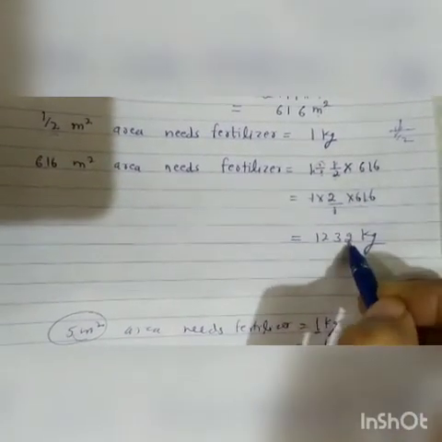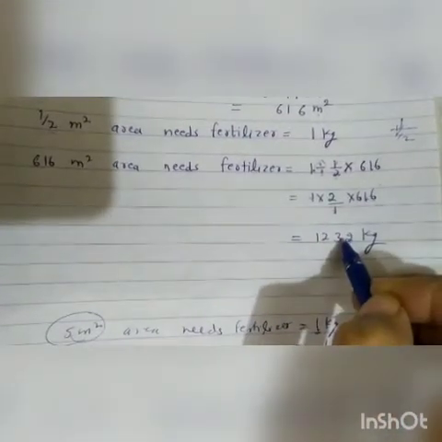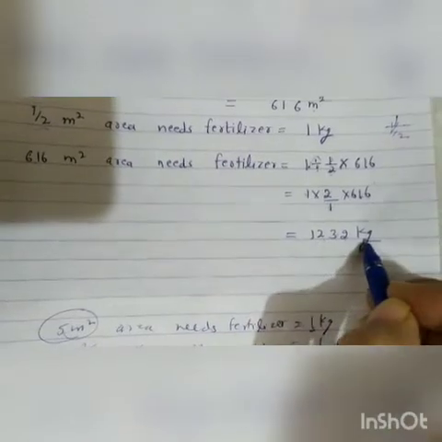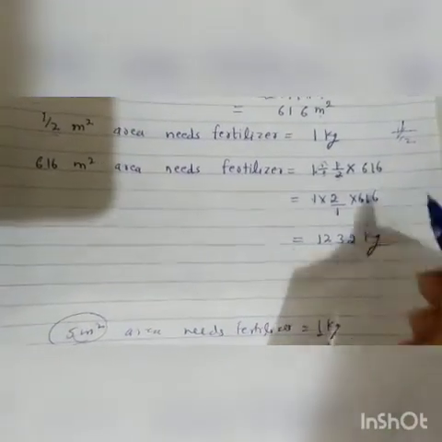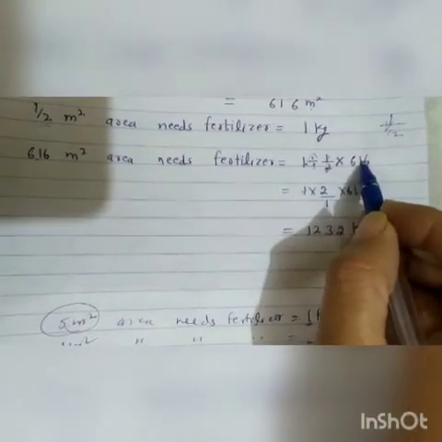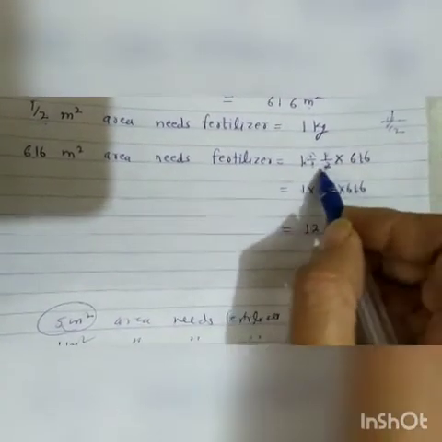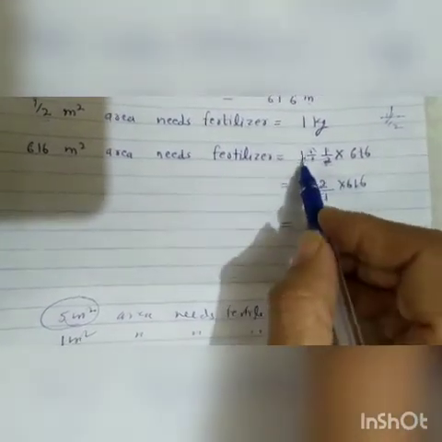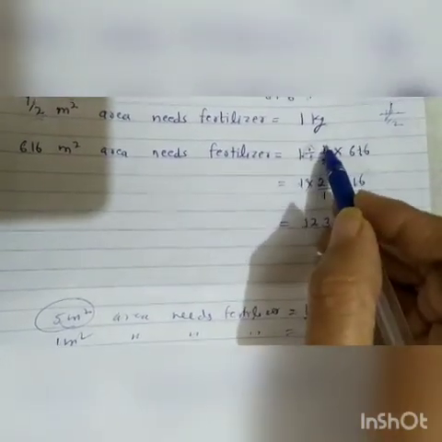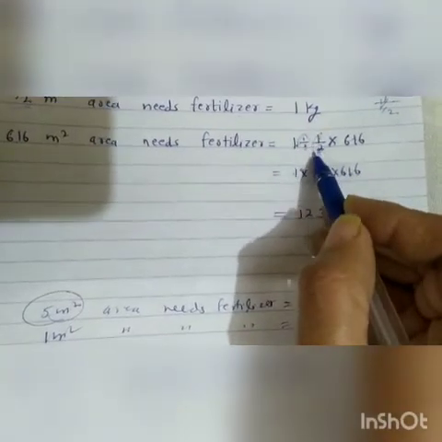2 6s are 12, carry 1. 2 1s are 2 and 1 is 3. 2 6s are 12. We get 1232 kg of fertilizer. Students, we cannot simplify this by this. We cannot simplify it here. First 1, then change this divide into multiply, then write the reciprocal of only 1 upon 2.